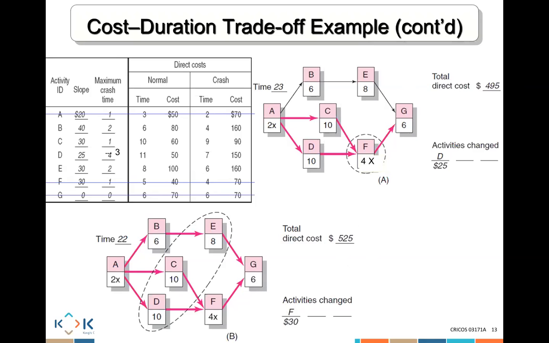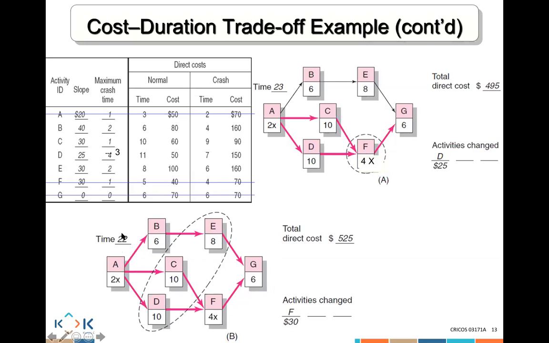Yep. Okay? Yeah. So because we reduced it, now we have to decide what we reduce next. Well, I have to count every pathway. Every one of these now is 22. That's why we need to reduce one activity from each pathway. So we decided that D is the cheapest, C is the cheapest, and E is the cheapest.